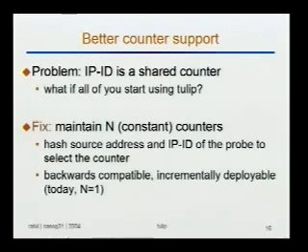And this is completely compliant with the standard in the sense, given a source destination pair, the IP ID still remains unique. And the change, again, like the previous one, is completely backwards compatible and can be deployed incrementally. In fact, you can think of the current internet as implementing the same scheme. It just so happens that n is equal to 1, that everybody hashes to the same counter.